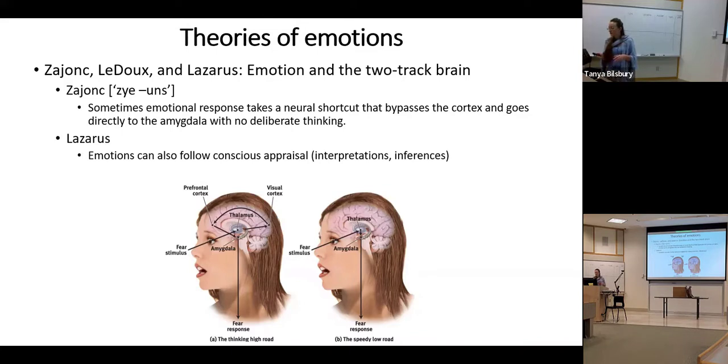Lazarus noted that some top-down cognitive functions like threat appraisal can be involved, but those emotional responses can still operate without conscious thought. And he suggested that many important emotions come from our interpretations or from our inferences. And what that means is that we have both tracks.